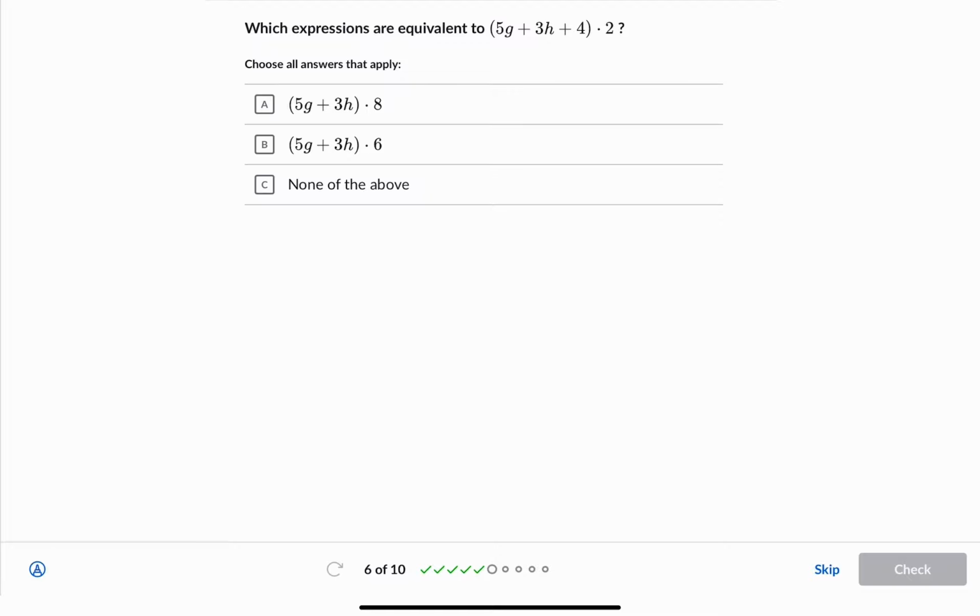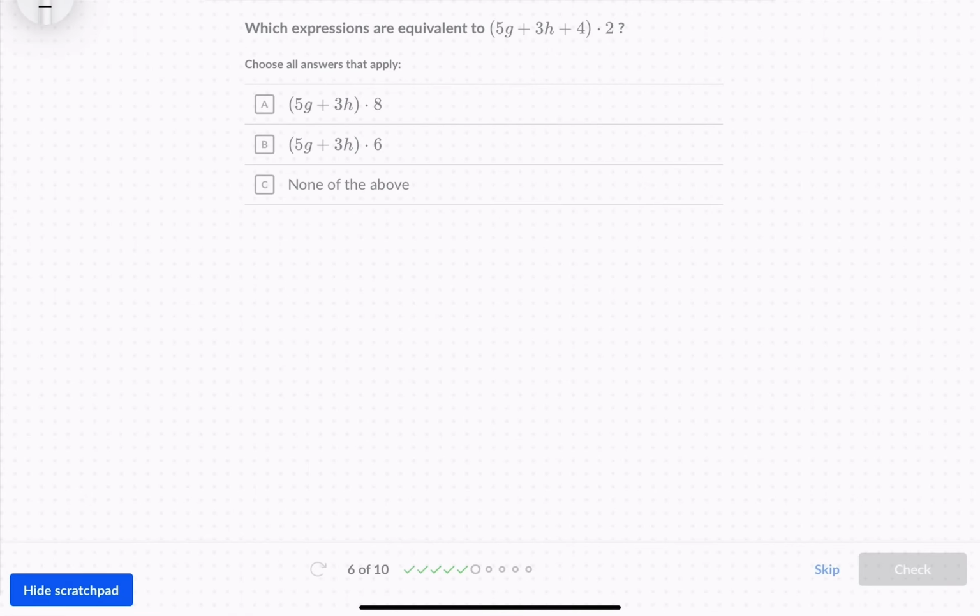All right, next question. Which expressions are equal to 5g plus 3h plus 4, times 2? So what we can do is simplify. So (5g plus 3h plus 4), I'll just write the 2 on this side.